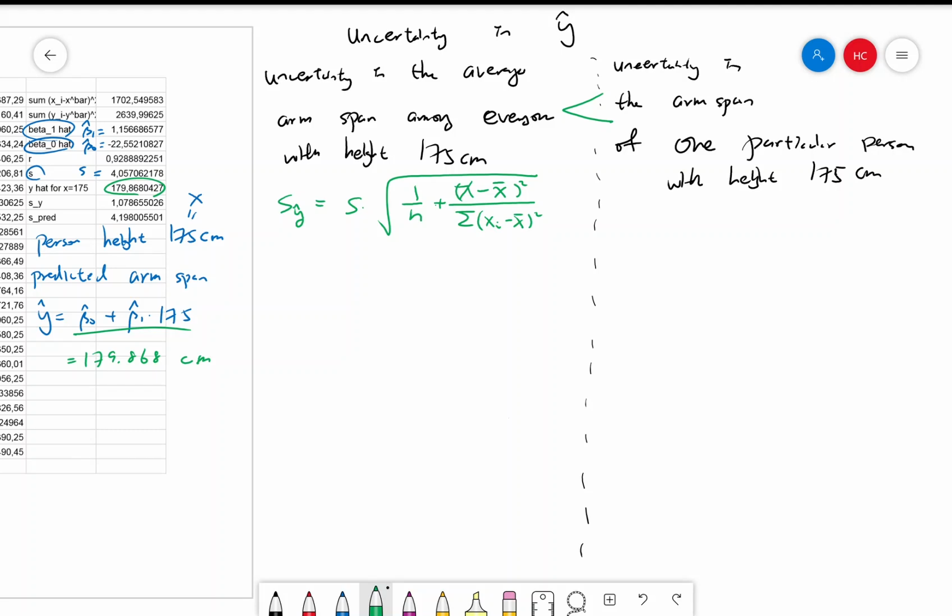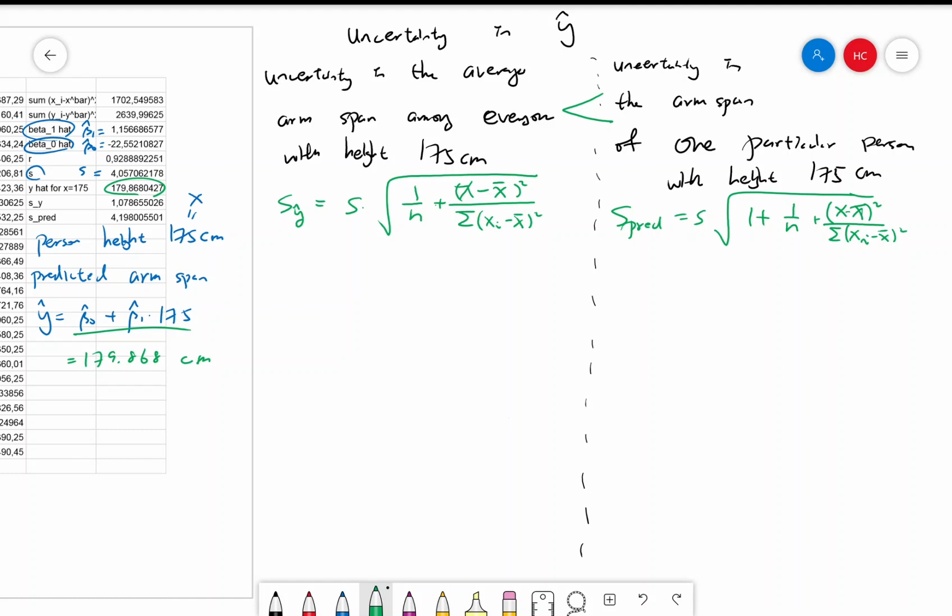And the uncertainty on the right is called s_prediction. This is almost the same: 1 over n plus (x minus x bar) squared over the sum of (xi minus x bar) squared, but here we have an extra plus 1. It actually changes the value a lot.